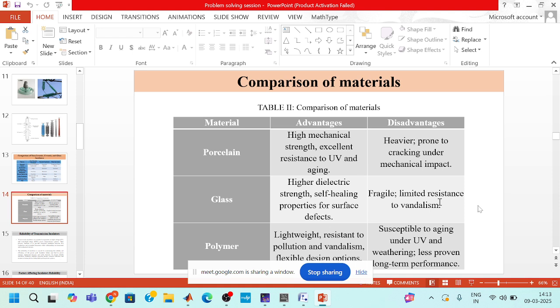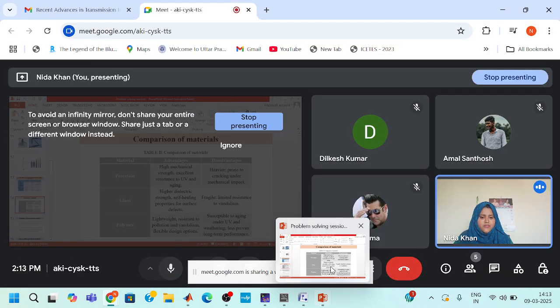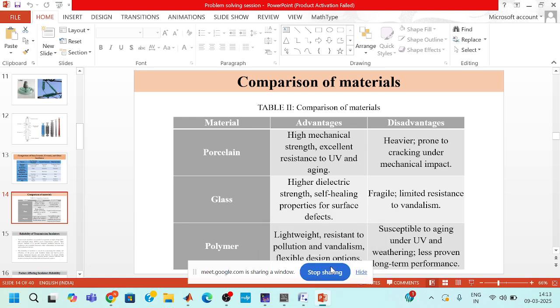Third, polymer insulators are very light in weight, resistant to pollution and vandalism, and offer very flexible design options. But their main disadvantage is that they are susceptible to aging under UV and weathering, and their long-term performance is less proven. This is the comparative analysis of all three types of insulators.